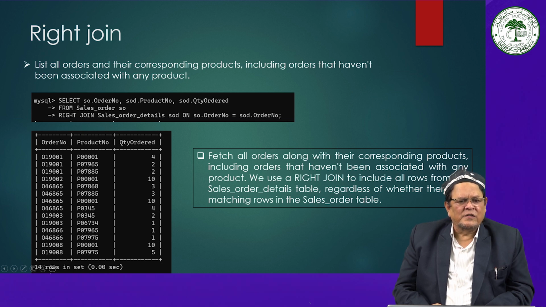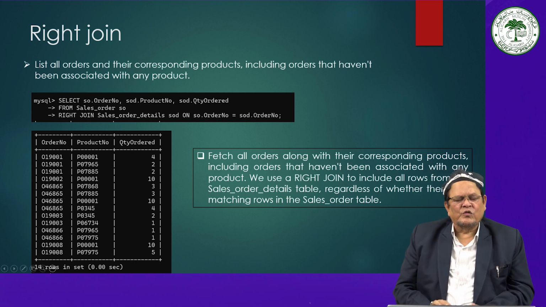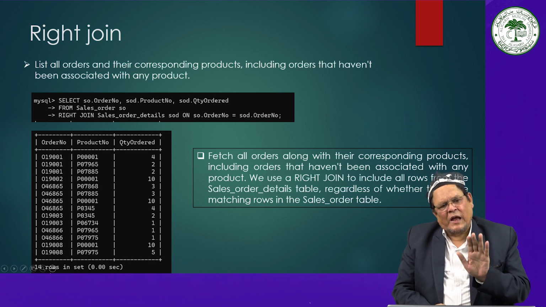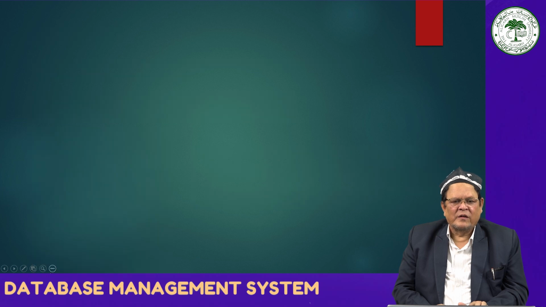The first order is 019001, product number is P0001 and the order quantity is 4. All 12 rows will be displayed on your screen when you type this statement. So this is a use of right join.